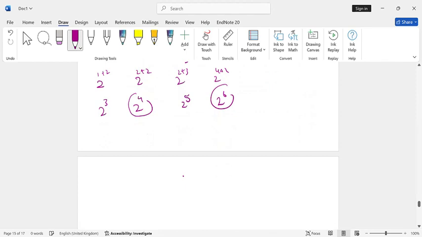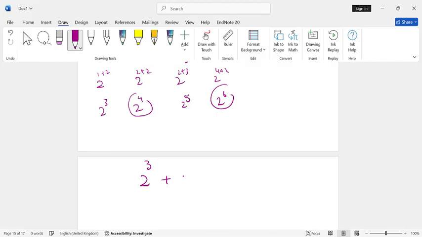Okay, so for the terms that are not powers of 4, I can write it like this: 2 power 3, these are the odd powers and they are not powers of 4.